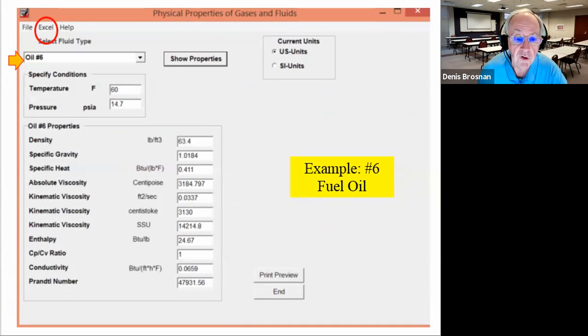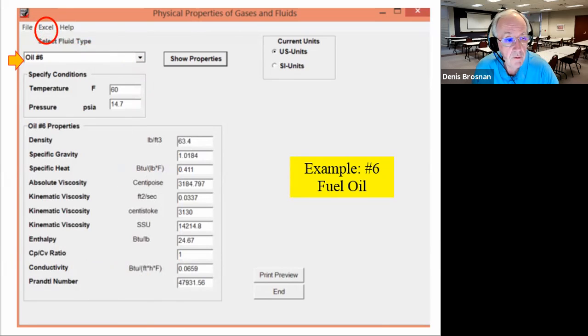For my purposes, I've selected number 6 fuel oil, which is also called Bunker C fuel oil in the United States. And if you click show properties, it's going to show you various properties of this fuel oil, but that's not where I'm going. You, of course, can use the drop-down menu to pick any particular oil or a customized oil mixture if you wish in this program. But notice the Excel.